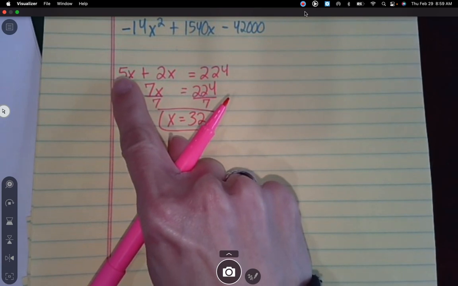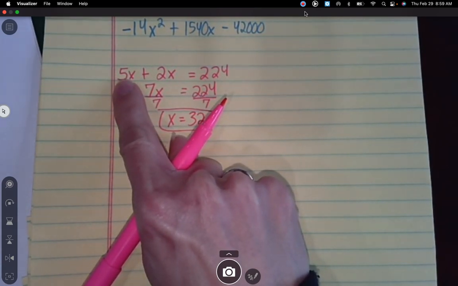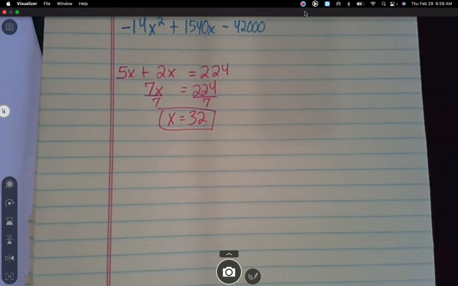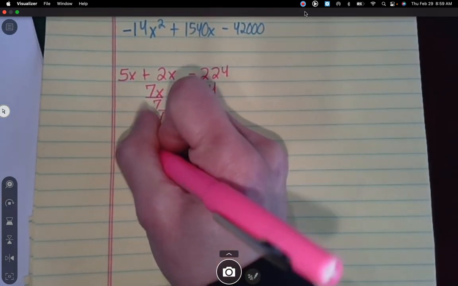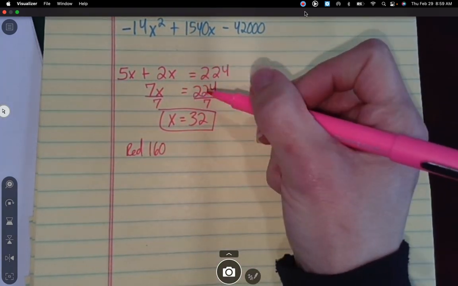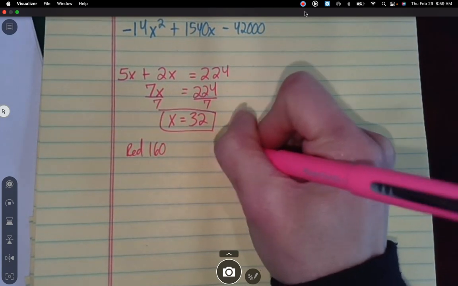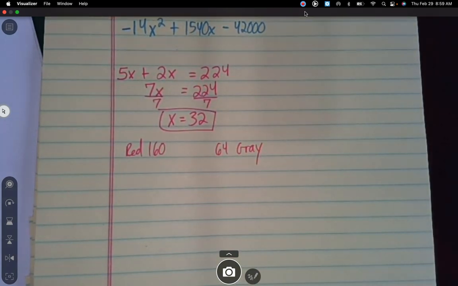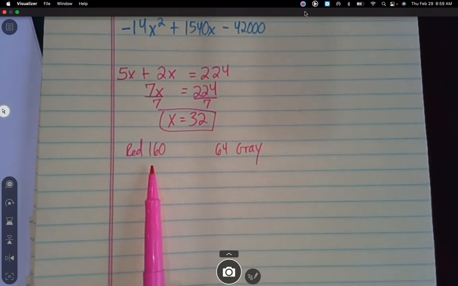So 5X was our red bricks. 5 times 32 is 160. That's our red bricks, 160. Our gray bricks is 2 times 32, 64. Which one is it asking for? Red. So it's 160. It's B. Does that make sense, y'all?